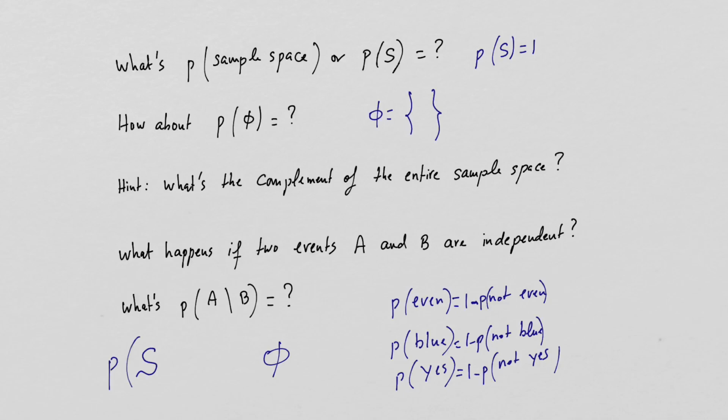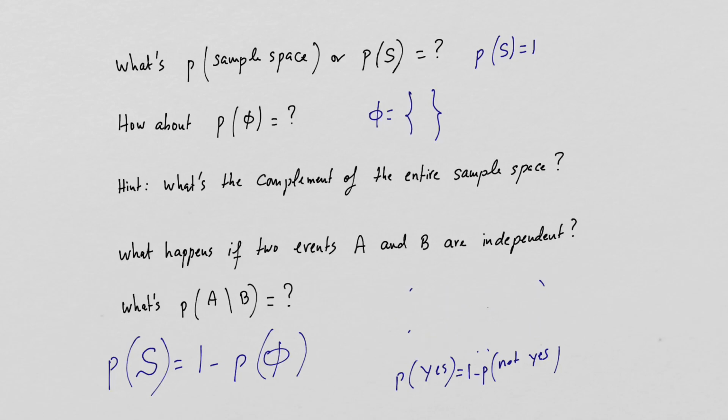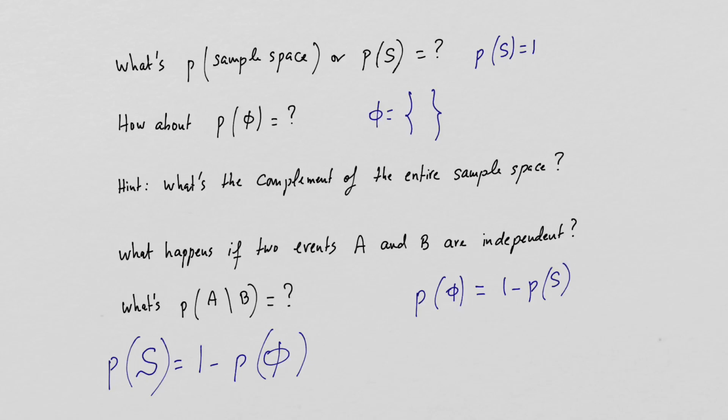The probability of the sample space is 1 minus the probability of the empty set. Conversely, you could do it the other way. The probability of the empty set is 1 minus the probability of the sample space.